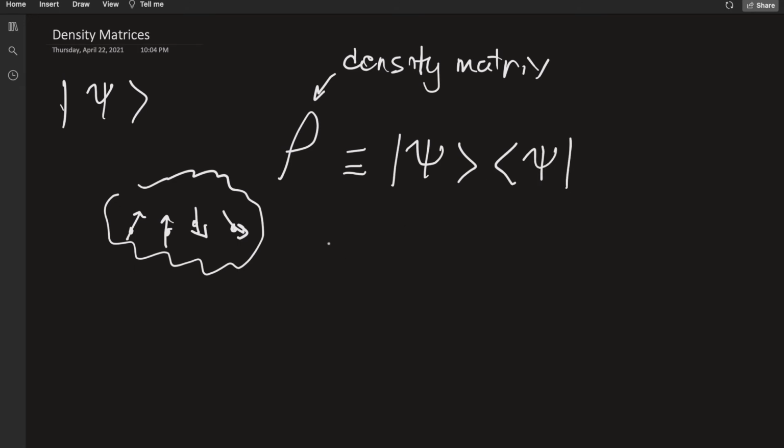And we've seen before in the formalism that it will give us a matrix, and it will basically give us the probability of finding each coefficient of the matrix of the state, right?